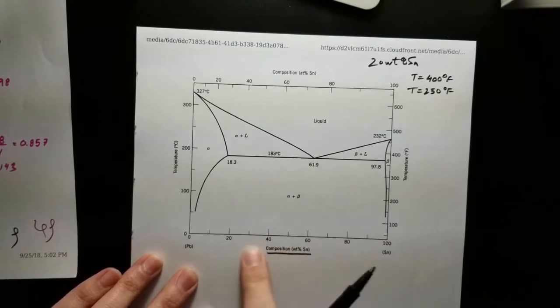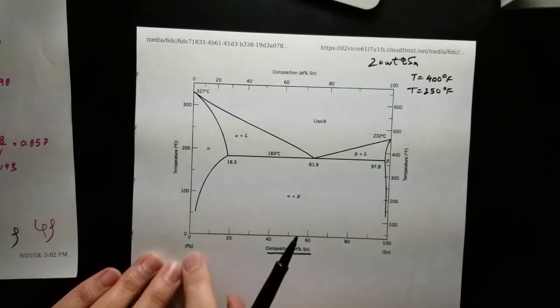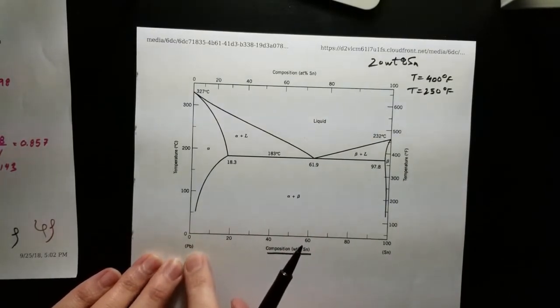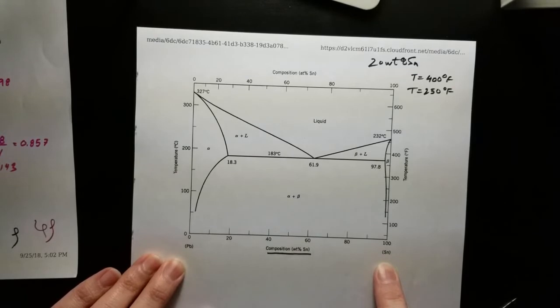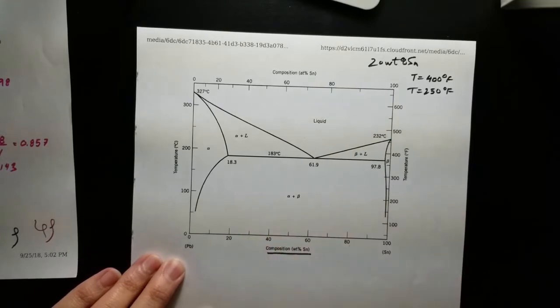Typically we pick the bottom scale to have linear spacing and the top to have non-linear, and the non-linearity becomes apparent because lead is heavier than tin. So as we change the atomic percent, that has a large change in the weight percent. Both weight percent and atomic percent are useful depending on what you're working with. And I chose to use weight percent because that was on the bottom of our scale.